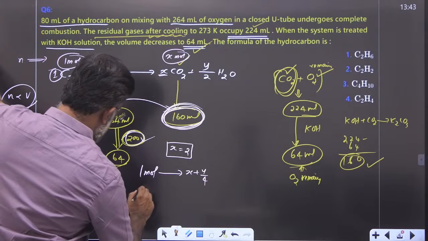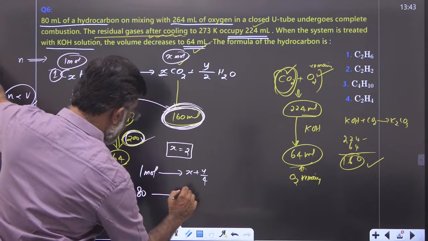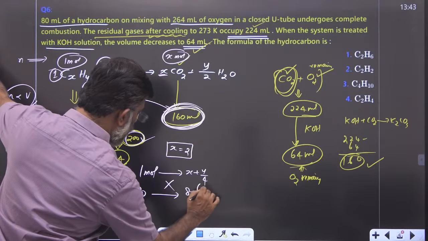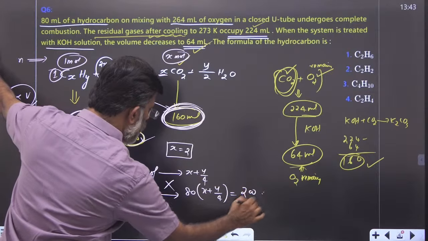Now 80 consumes how much? 80 into x plus y by 4, and that is equal to 200.